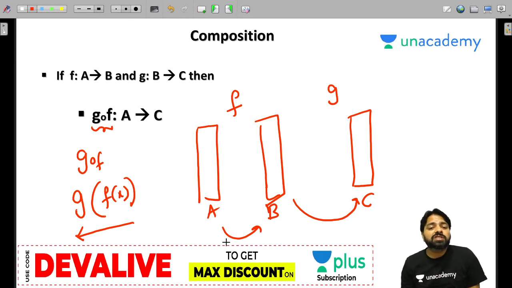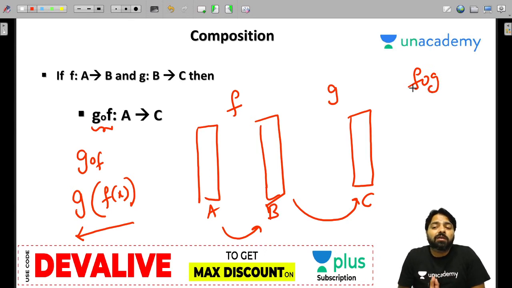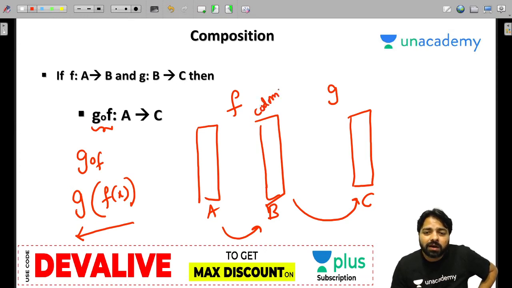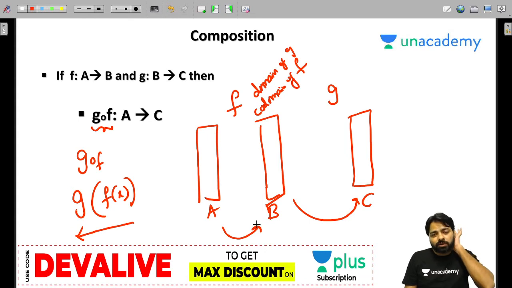Here f of g may be meaningless. f of g sometimes may not be possible because the codomain of g may not match the domain of f. So it's very important that the codomain of f acts as the domain of g. Then only this composition is applicable.